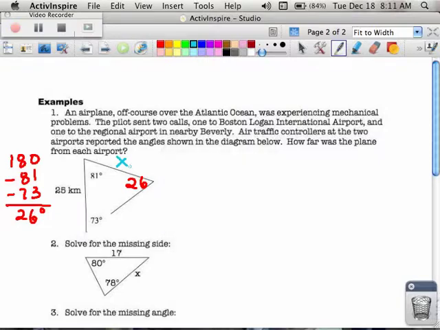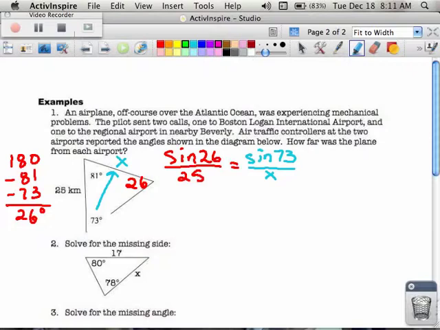If I call the first side x, what I know is that the sine of that 26 degree angle we just found, over the side across from it, 25 kilometers, should be the same as the sine of 73 degrees over x, because the 73 degrees and the x are across from each other. I look at the two numbers in my proportion that I can work with.